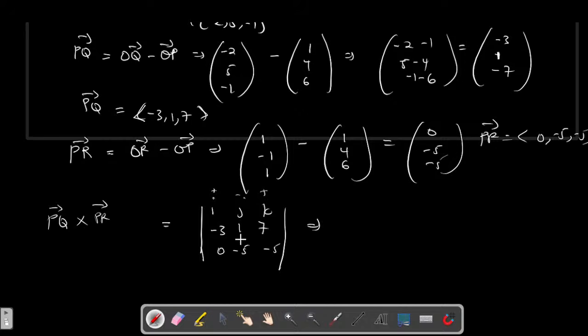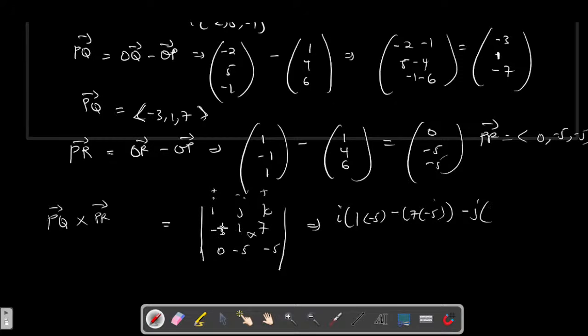Using our directional vector i, you realize that I will collapse all this section, okay? And I'll be left with this 2 by 2 matrix. That will be 1 times negative 5 minus 7 times negative 5. So this is cross multiplying, okay? Then minus j, open brackets, it will collapse this, okay?